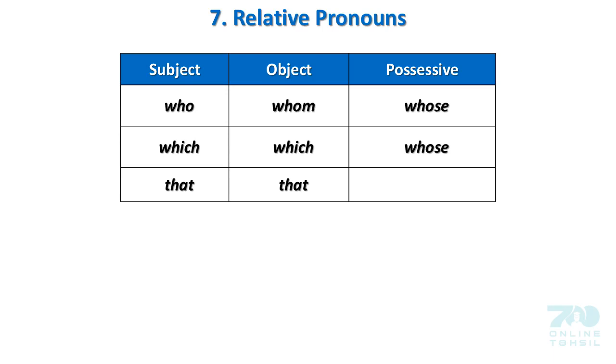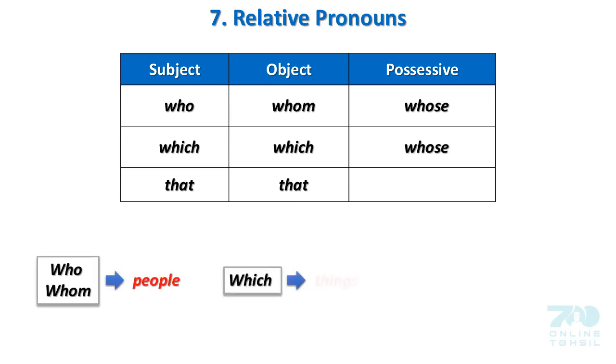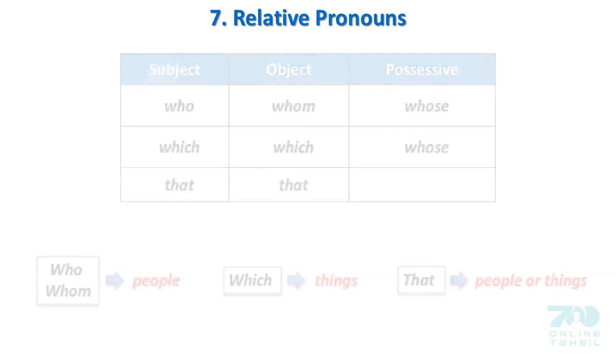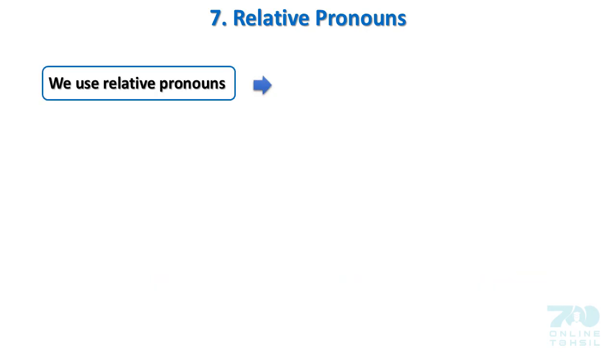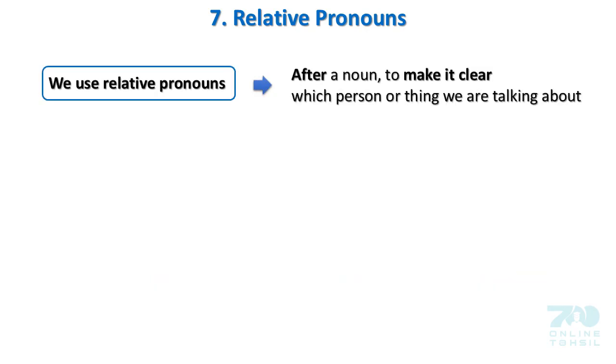Subject, that; object, that; no possessive. We use who and whom for people and which for things, or we can use that for people or things. We use relative pronouns after a noun to make it clear which person or thing we are talking about.